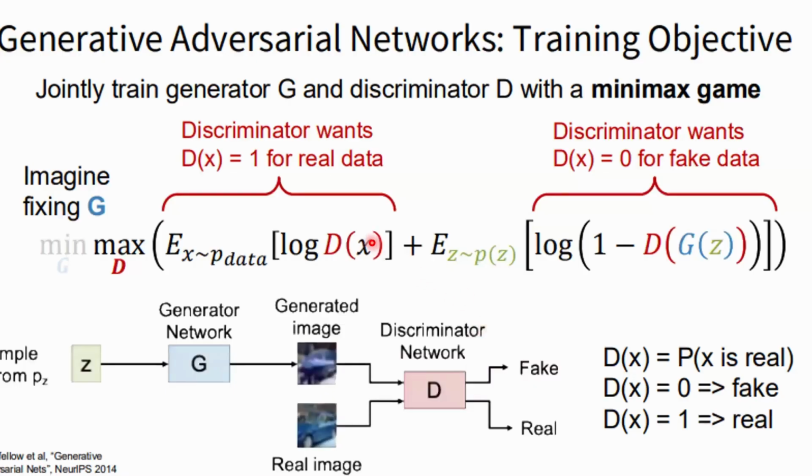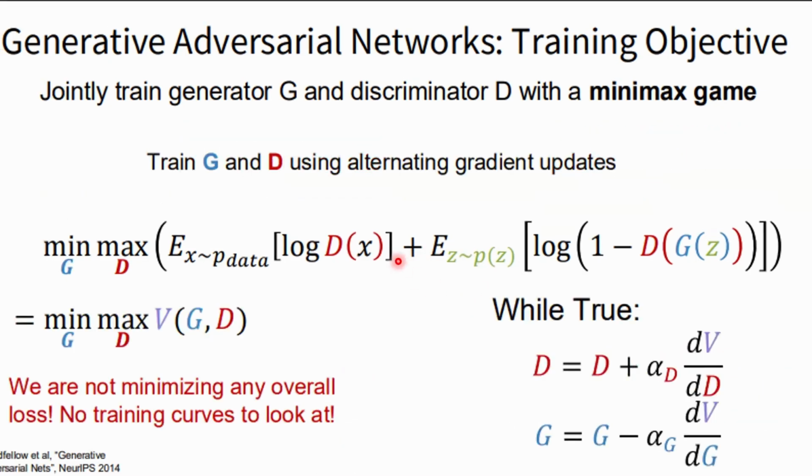This is a bit more of how this works. The discriminator wants D of x equals 1 for real data, and D of x equals 0 for fake data. It's really simple, and I think it's a really elegant idea for training these models. These two models are trained in parallel.